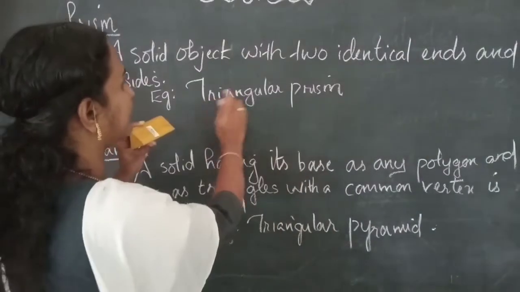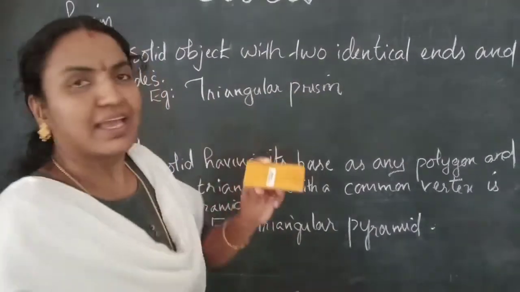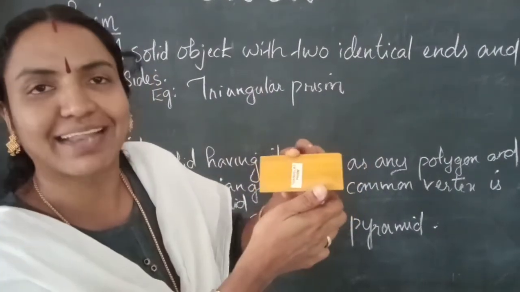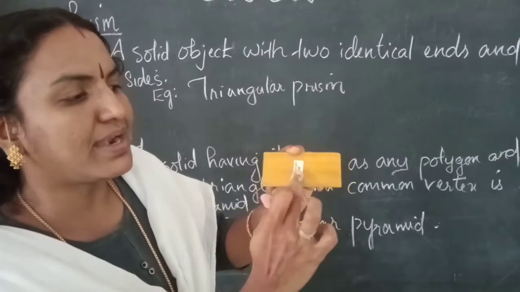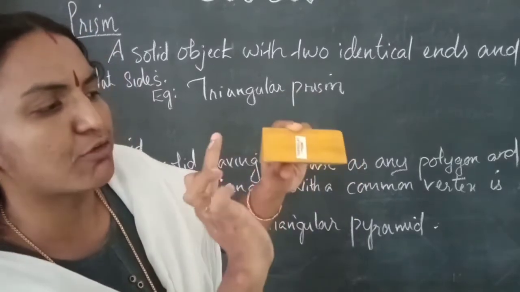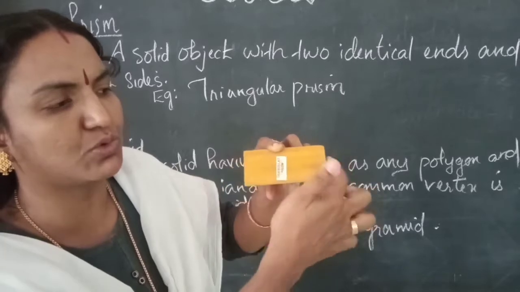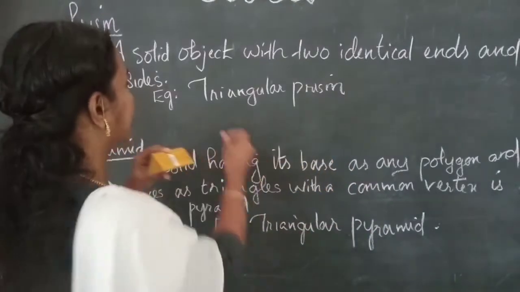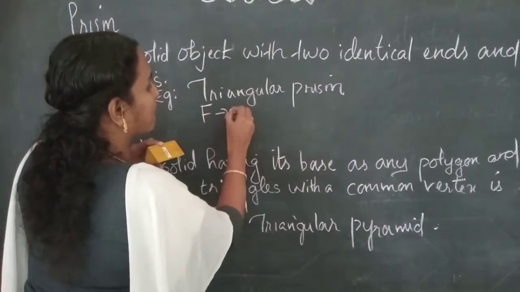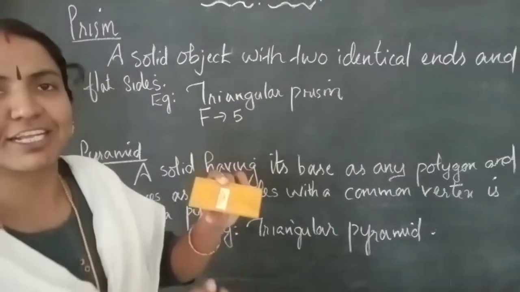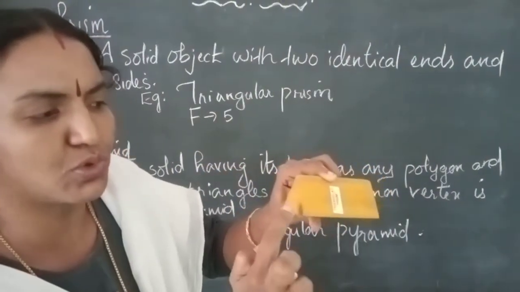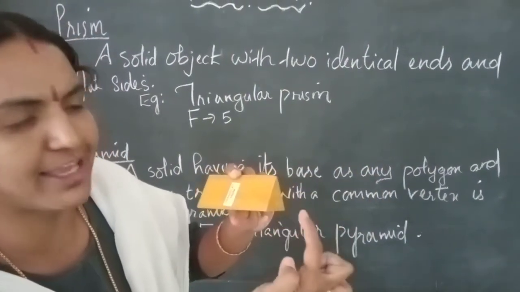So for example, triangular prism. How many faces are there in a triangular prism? 1, 2, 3, 4, 5. So total 5 faces. Then vertices: 1, 2, 3, 4, 5, 6.